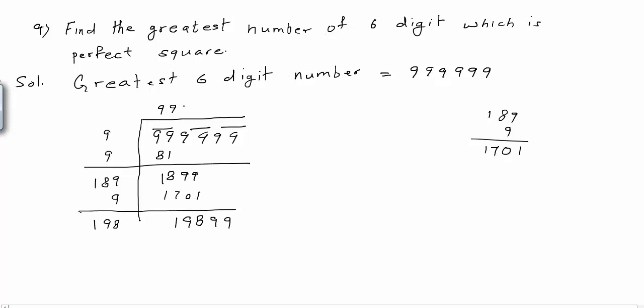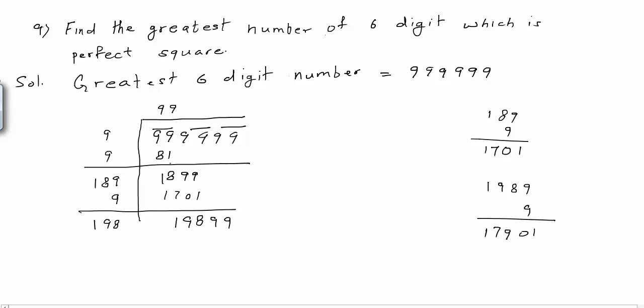The next number which I write, for example, I will write 198 multiplied by 9. Let us try what we get. 9 nines are 81, 9 eights are 72, this is 80, 9 9 is 81 plus 8, 89, and 9 plus 8 is 17.